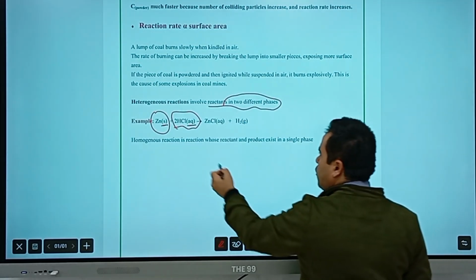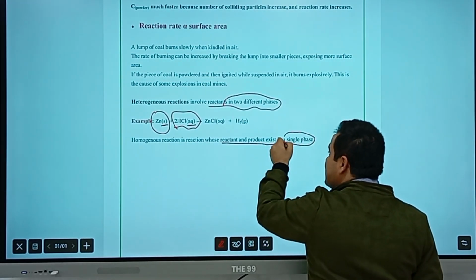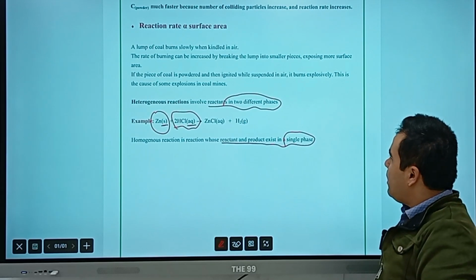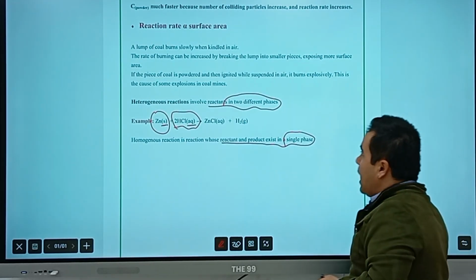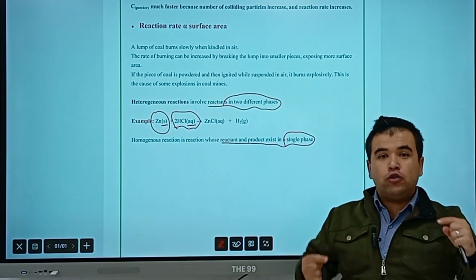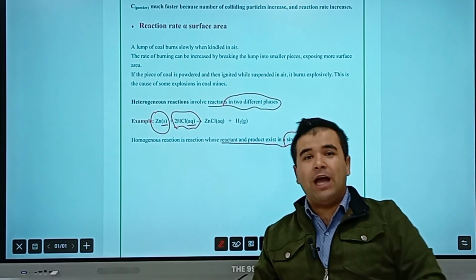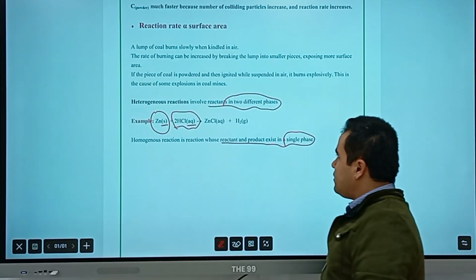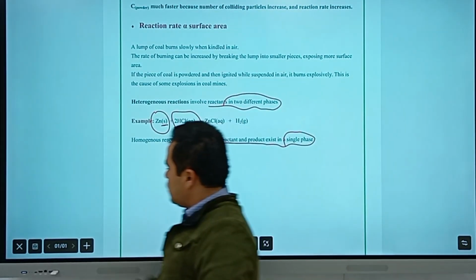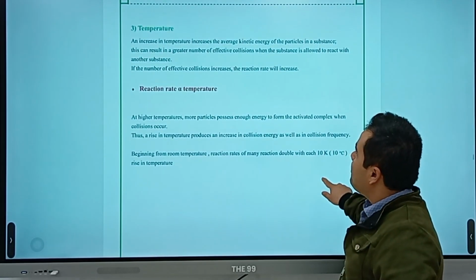And as a reminder, in a homogeneous reaction, the reactants and products exist in a single phase, which we talked about previously. And surface area works only for heterogeneous reactions, meaning there should be a solid in the reactant, and increasing the surface area increases the reaction rate, makes the rate of the reaction much faster.